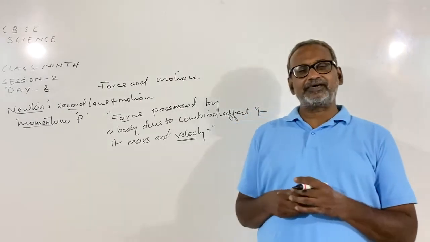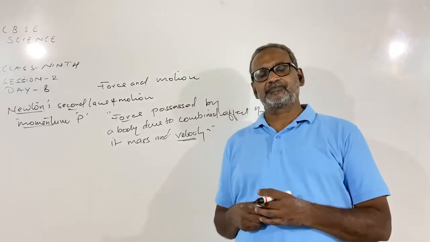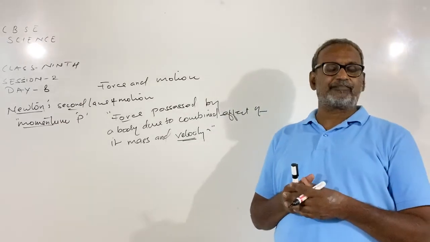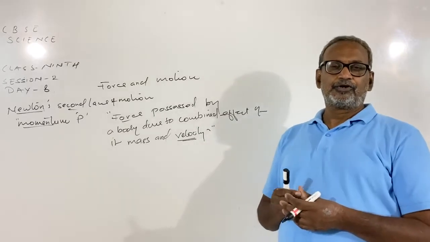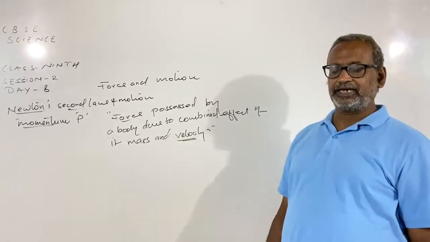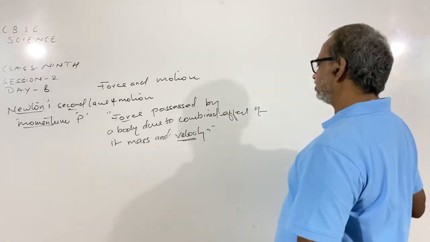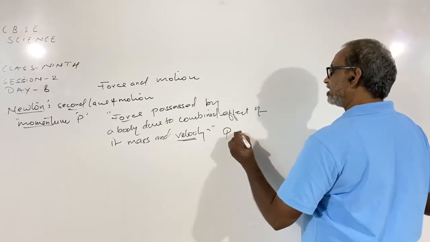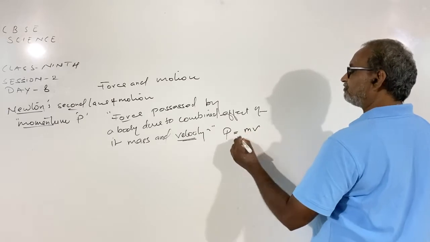So the momentum is the force which is possessed by a body due to the combined effect of its mass and velocity, and it is equal to the product of mass and velocity.